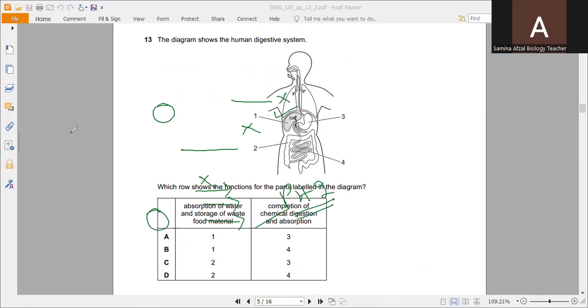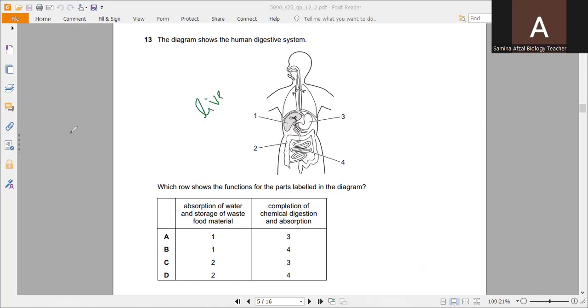The diagram shows the human digestive system. Which row shows the functions of the parts labeled in the diagram? So you can see the absorption of water and storage of waste food material. You can see this is the liver.